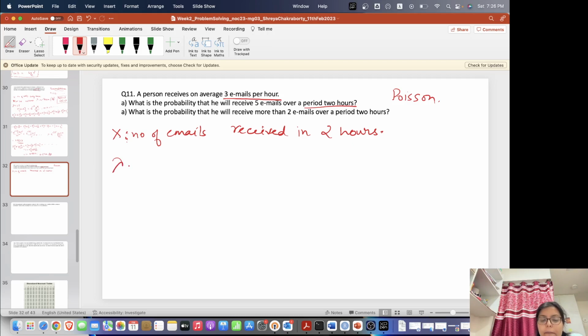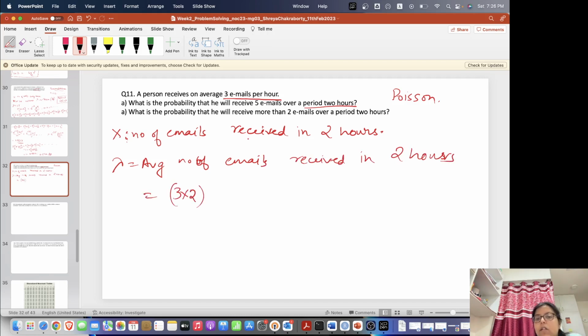Then the lambda, that is the average number of emails received in 2 hours, will be 3 into 2, because 3 emails per hour. So in 2 hours on an average we are expecting 6 emails. So with lambda equal to 6, not 3, we are going to proceed with our calculations.